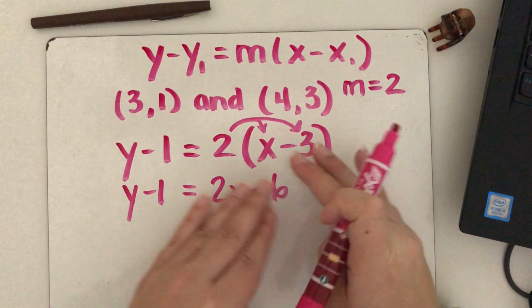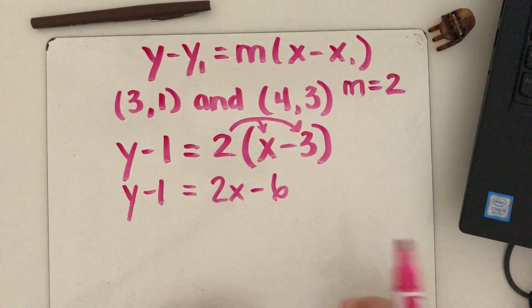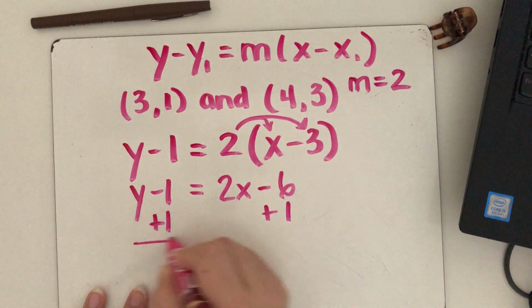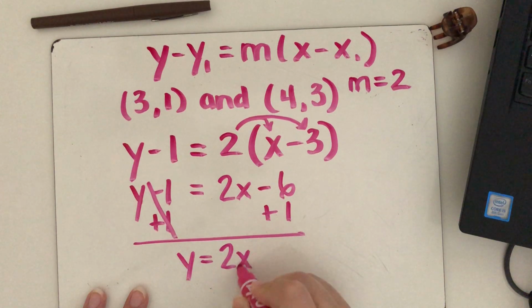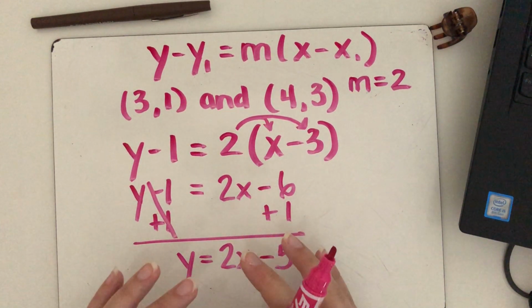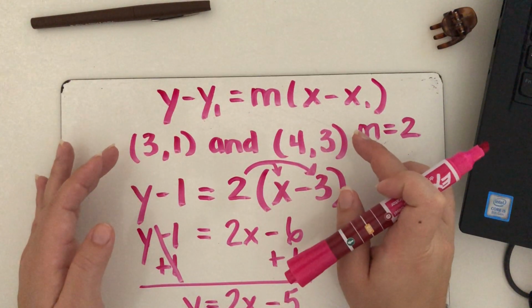Now that I've simplified this side as much as it can, I am going to move this 1 to the other side. So since it's subtracting 1, my inverse is going to be to add 1. And I get y equals 2x minus 5. So this right here is the equation of a line that passes through these 2 coordinate points.